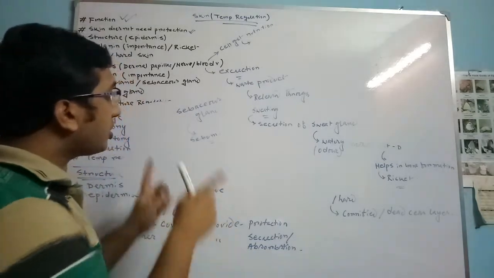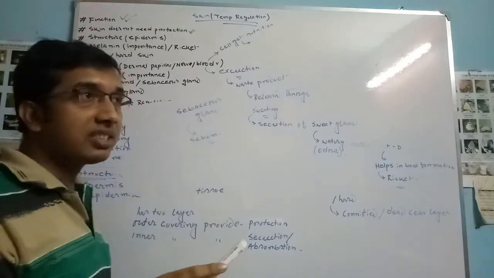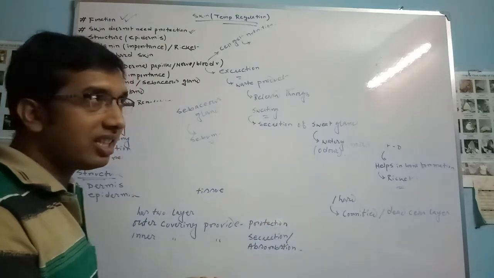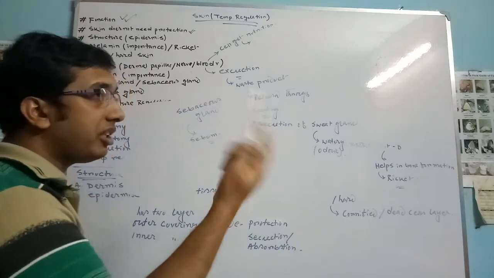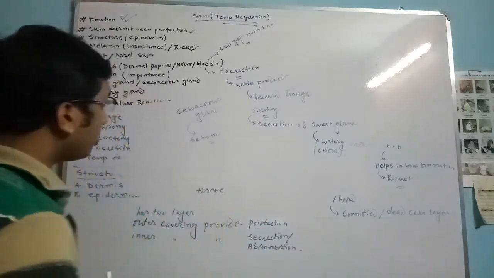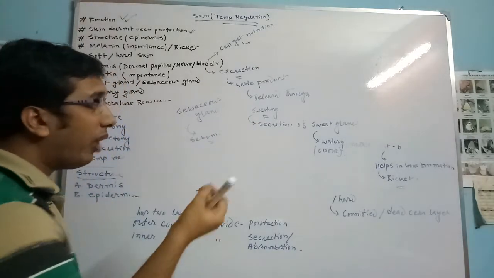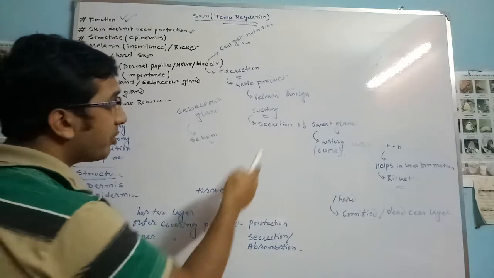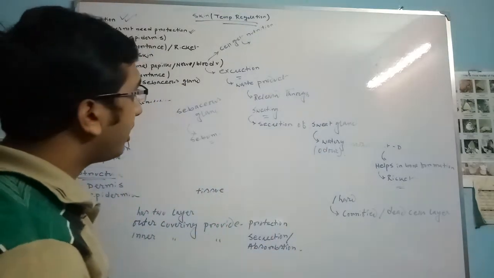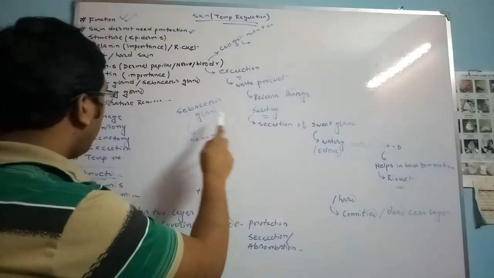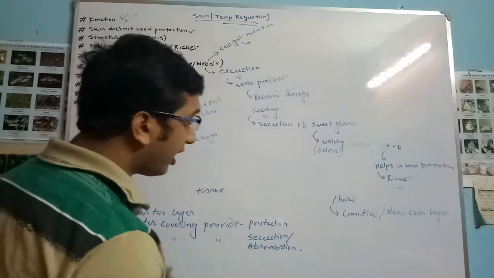But the secretion of a sebaceous gland is released into the hair follicles, while the secretion of the sweat gland is released directly outside our body. The sebaceous gland's secretory product is an oily, fatty substance, but the sweat secretion is a watery substance. That is the basic difference between the sebaceous and the sweat gland.